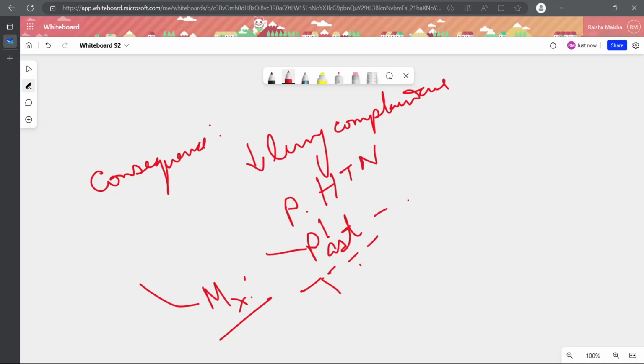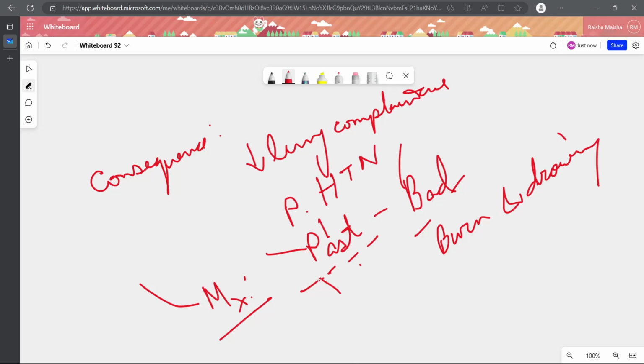There are other causes. That means they have bad PAST. That means burn and drowning. So pancreatitis, aspiration, sepsis, trauma, and there may be burn and drowning.